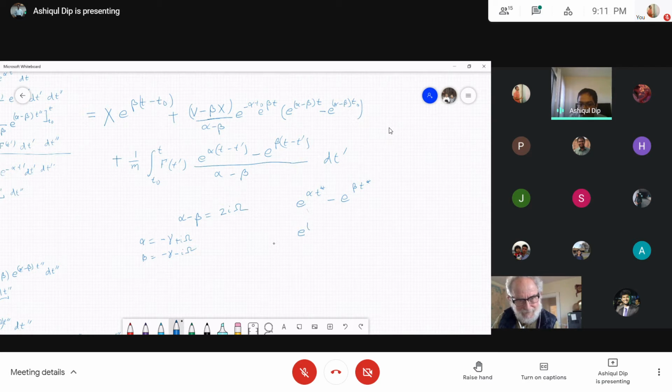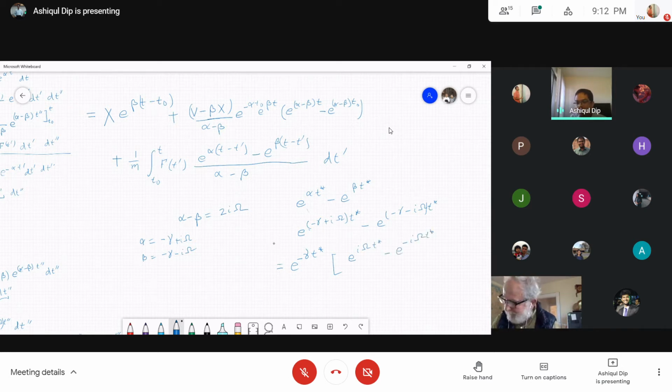If we substitute that, alpha is nothing but negative gamma plus i omega, then t star, minus e to the power negative gamma negative i omega multiplied by t star. So from these two things, we can factor out e to the power negative gamma t star, and then we have e to the power i omega t star minus e to the power minus i omega t star.